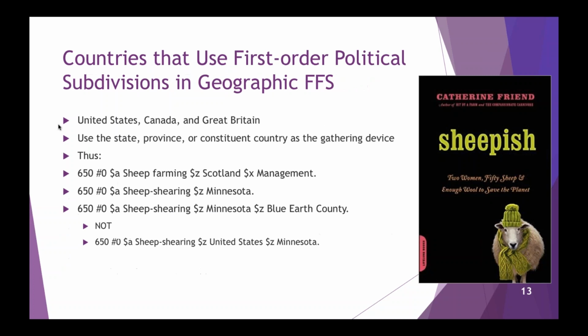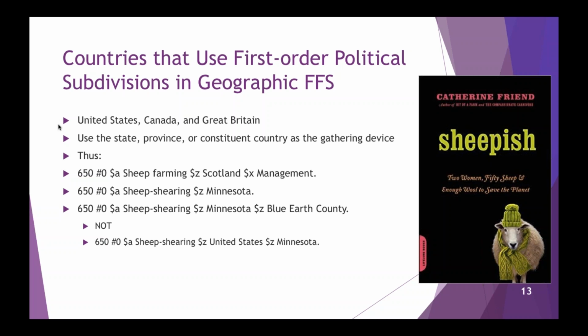And it's important because when we're dealing with free-floating subdivisions, with the geographic free-floating subdivisions, when you use them, it is either about the country as a whole, or it's about one or more of those first-order political subdivisions.